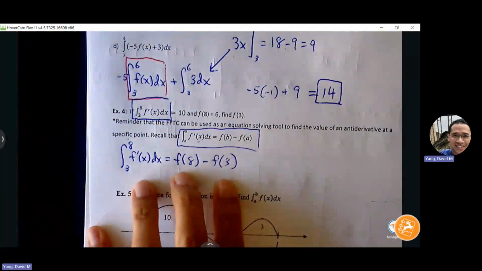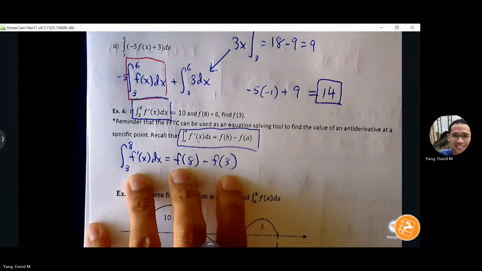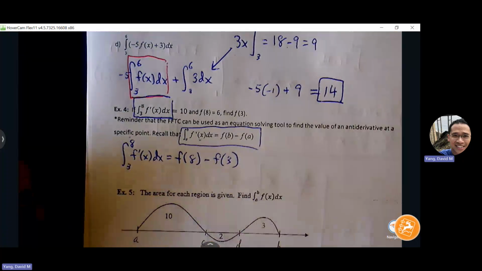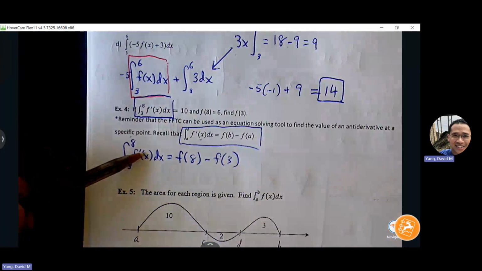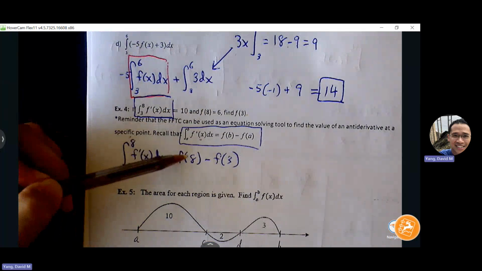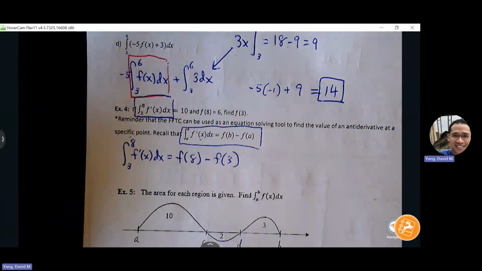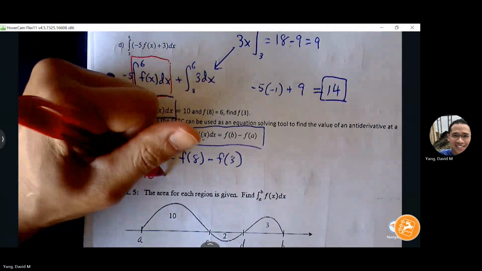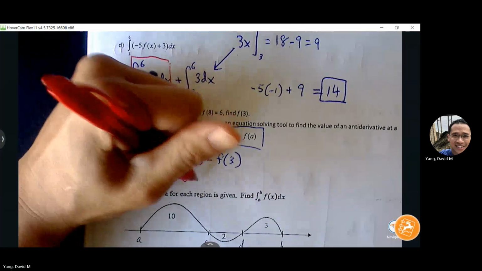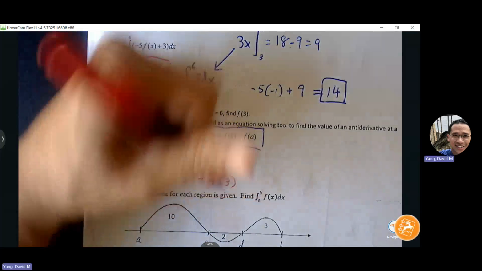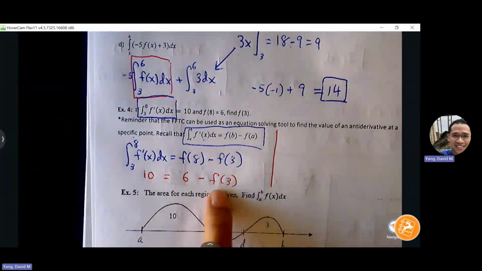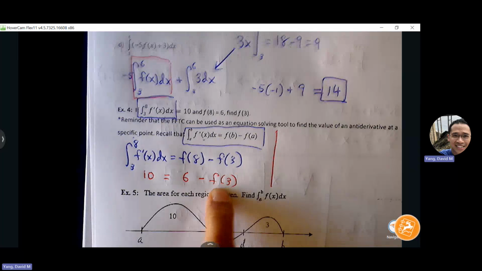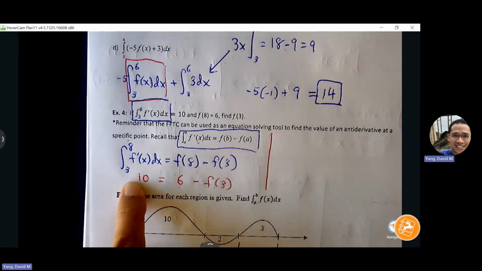So this is my equation that I know is true because of the first theorem. And now I can fill in the pieces, right? I know this is 10. I know f of 8 is 6, and then I can just solve for f of 3. Now it's just a simple algebraic problem to isolate f of 3. f of 3 is equal to 6 minus 10, which is -4.